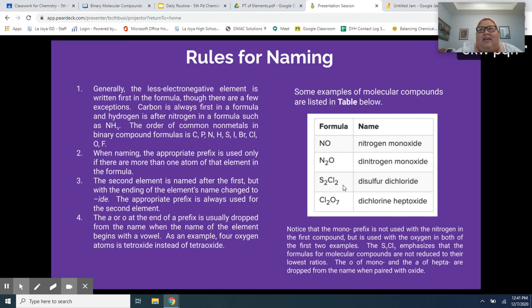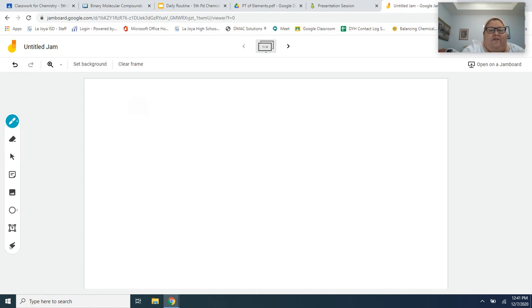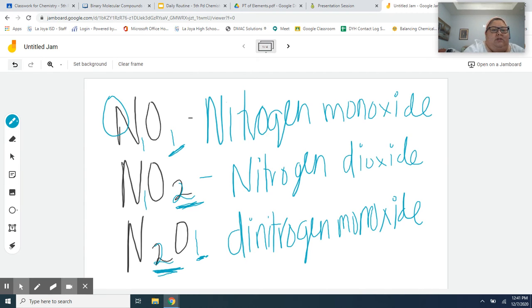A vowel is A, E, I, O, or U. If the element you're working with starts with A, E, I, O, or U, drop the A or the O, and then just put the name of the element. For example, if you have 4 oxygens, you're supposed to use tetra, right?